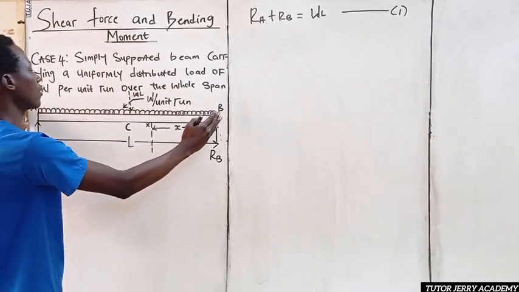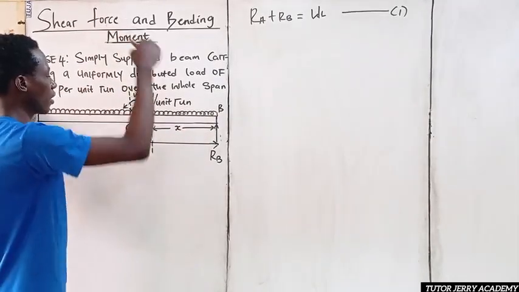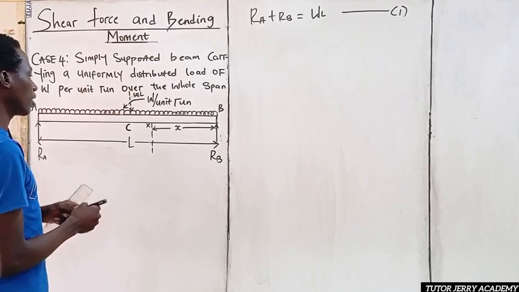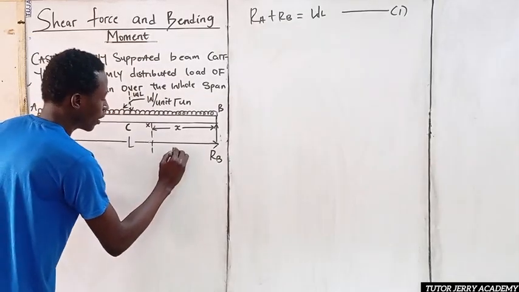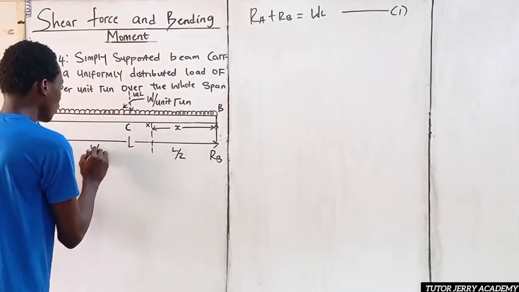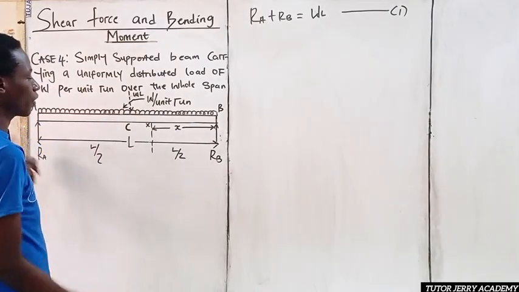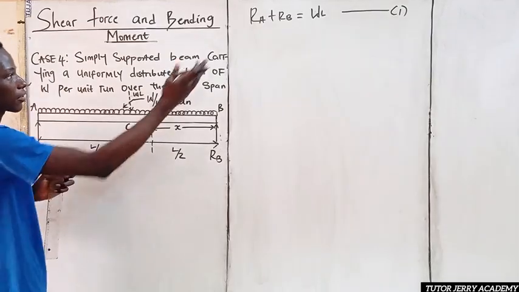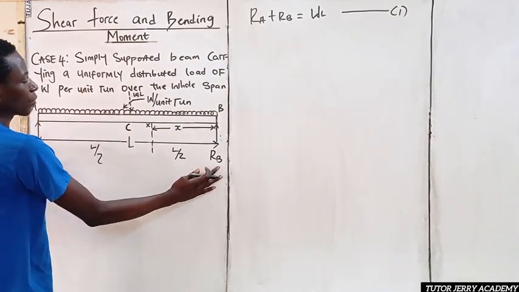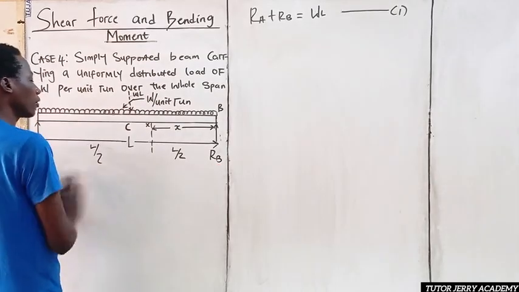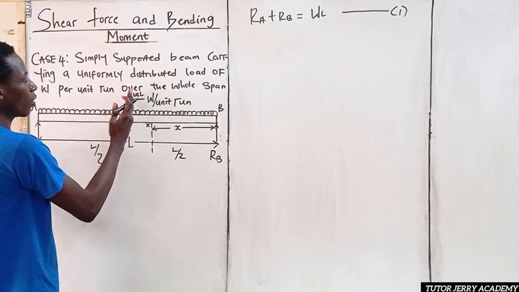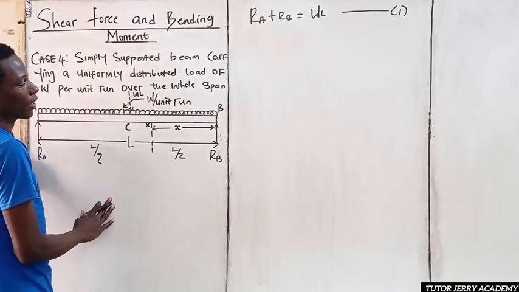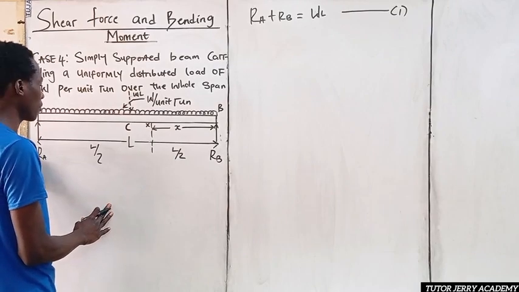Having converted this uniformly distributed load to a point load, it will be acting at the center of the beam. That is, the length from here to here will be L over 2, half of L and half of L, so L over 2 plus L over 2 gives us L. So taking moment about point A, it will be RB multiplied by the total length L, then WL multiplied by L over 2. I hope you get that.